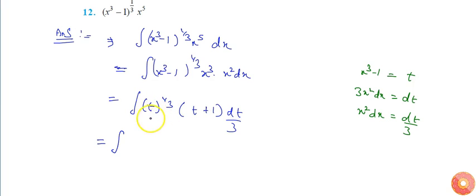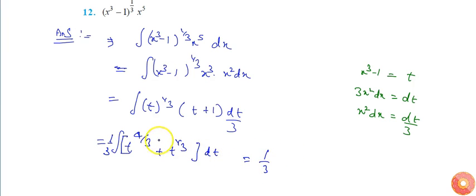So multiply t power 1 by 3 in bracket, I'll find t power 4 by 3 plus t power 1 by 3, and since 3 is the constant, it will be outside the integration dt.